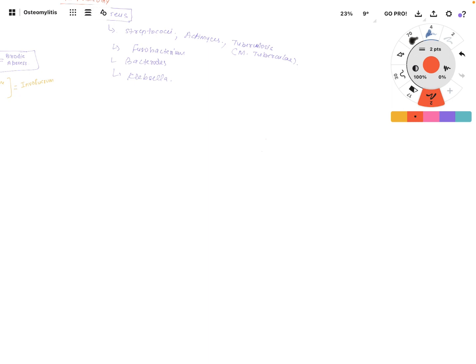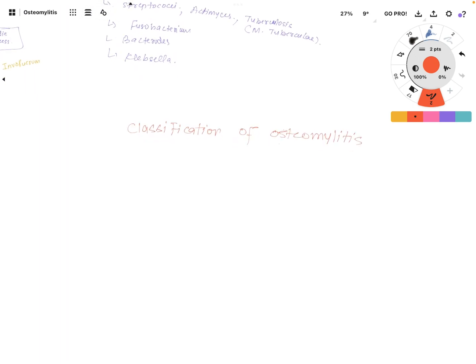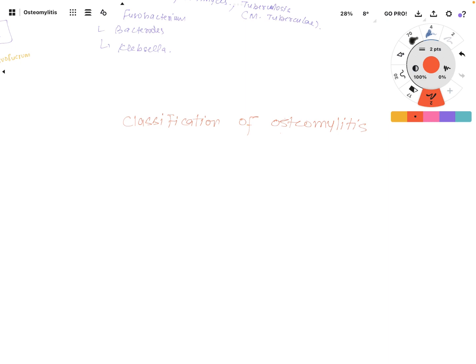So the classification of osteomyelitis, the first one which you have to write in your exams is the Hudson classification of osteomyelitis.